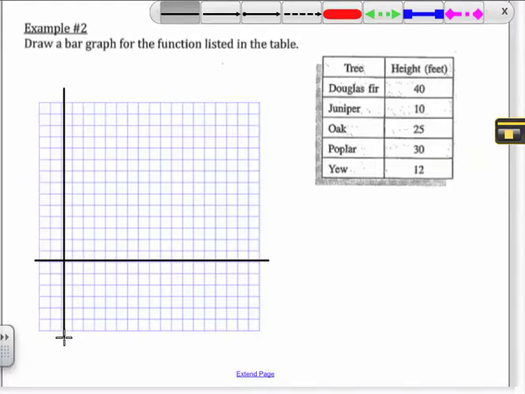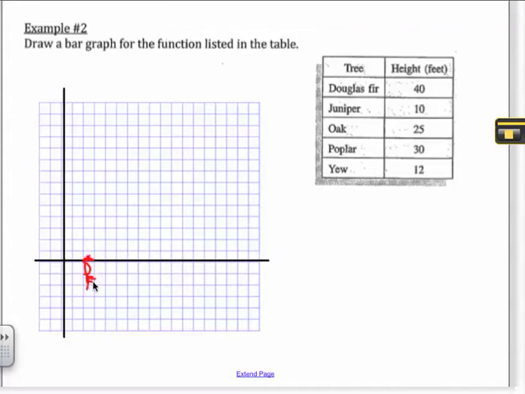So we'll say that this section is going to be the Douglas fir, okay? I'll do juniper right here. Good. You should be doing the same. Oak, it helps when you have graph paper. Oak, all right?